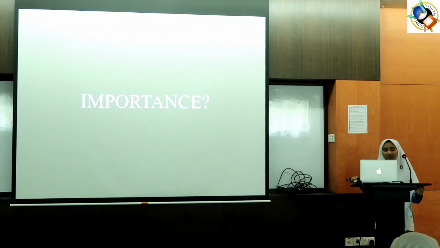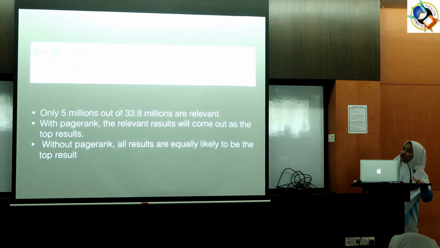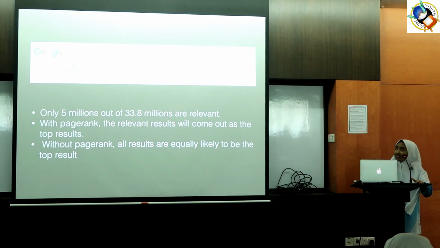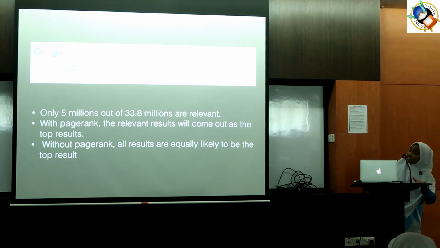So why is this very important? It is important because, for example, if you want to adopt a cat, you want a cat as your pet, then someone would search "cats for adoption." But as you can see here, the total results accumulated to 33.8 million results.